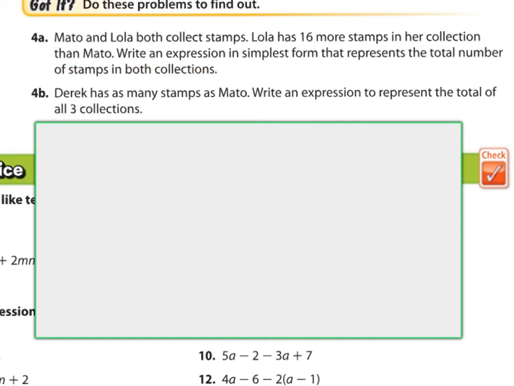Let's use Mato as M. Mato is M. That's the amount he has. And Lola has 16 more stamps in her collection than Mato, so she has the amount Mato has plus 16 more. So she has M plus 16.